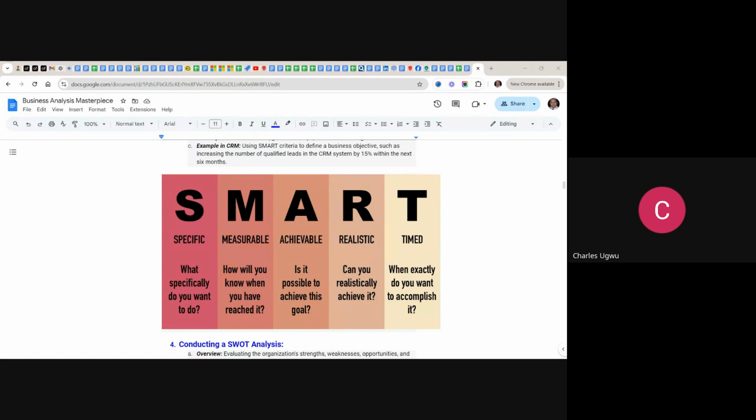Like Kenneth that asked the question, you can see that this can be applied in different areas. It's not only in software application, it can be applied anywhere. And that's why I say that as a business analyst, you have no limit.